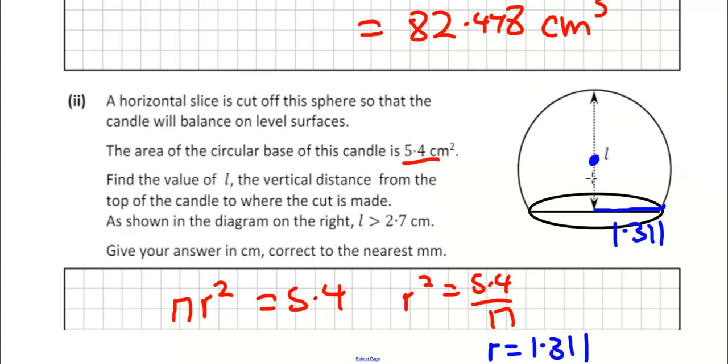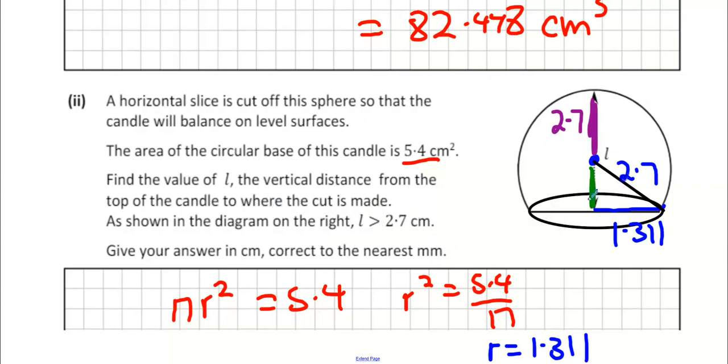And what can we say about here to here? There you go. 2.7. What we're going to do is we're going to find the green length. And then we're going to add the green length to the purple length. But we already know that the purple length is 2.7 because it's a radius. Yeah. So we're just going to Pythagoras that for the green length.